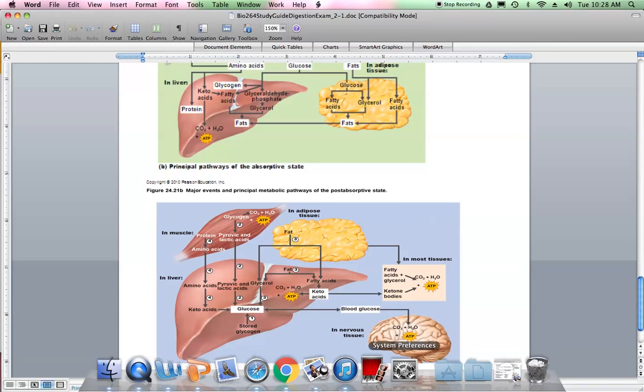And with the breaking down of fats, you get the production of keto acids, which need to be metabolized by the liver. And so you have keto acids also here from amino acid breakdown. So just keep in mind, during the fasting stage, the body will convert to breaking down its glycogen stores and then adipose tissue. And that is pretty much it.